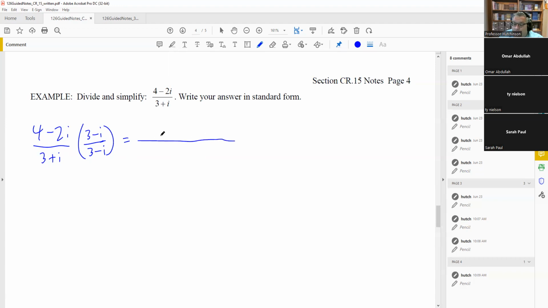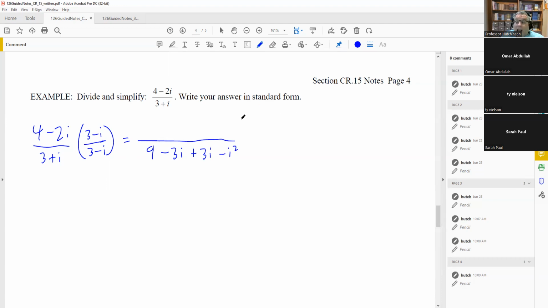Let's multiply the bottom so you can kind of see what happens there. So 3 times 3 is 9. 3 times -i is -3i. Then you've got these terms. 3 times i is plus 3i there. And then you have plus i times -i, that's going to be minus i squared.